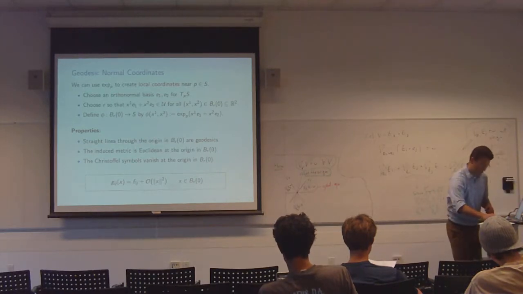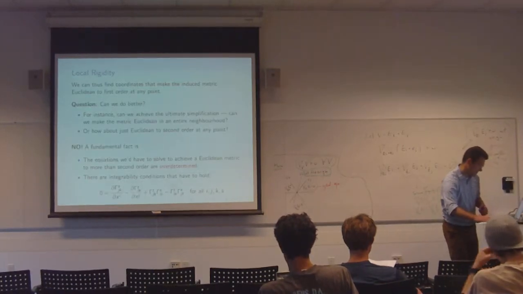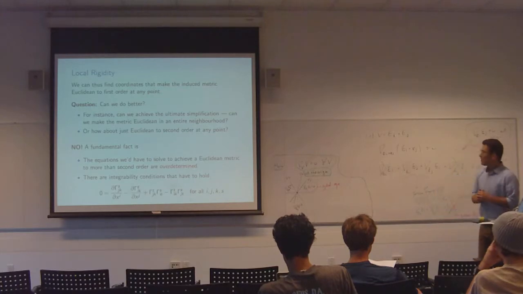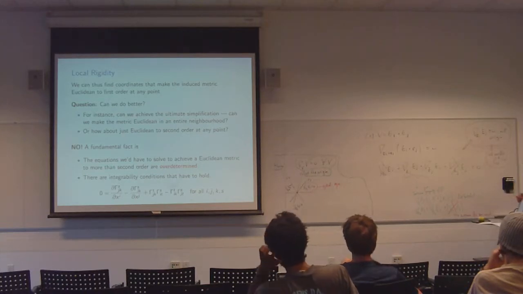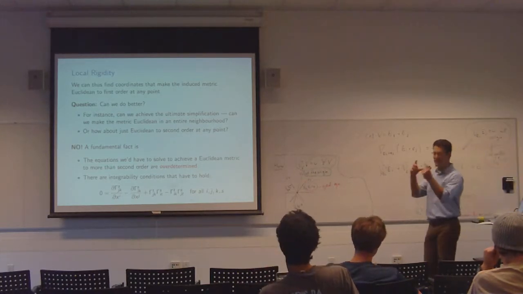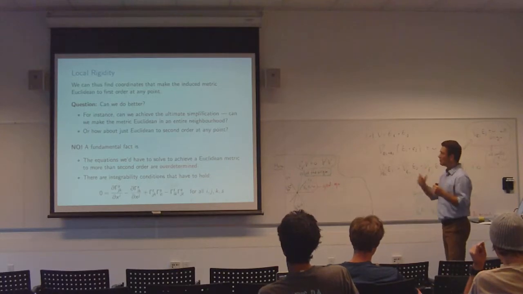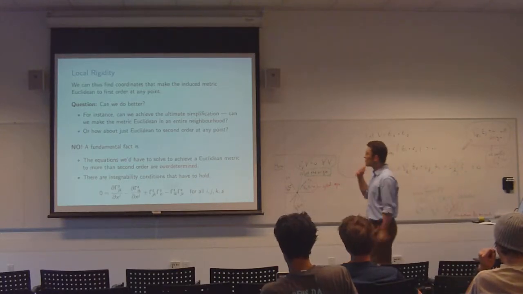Okay, so some conclusions to be drawn from this. This brings us into the topic of rigidity, which I'm going to divide into two things, local and global. Right now we're working in a neighborhood of a point, so this is always local. So this brings up local rigidity.